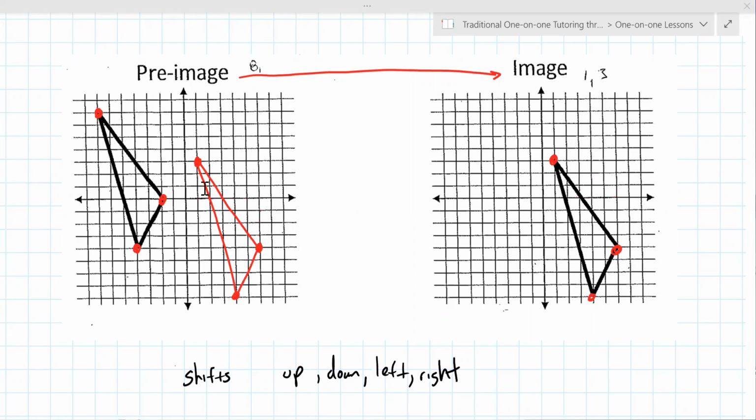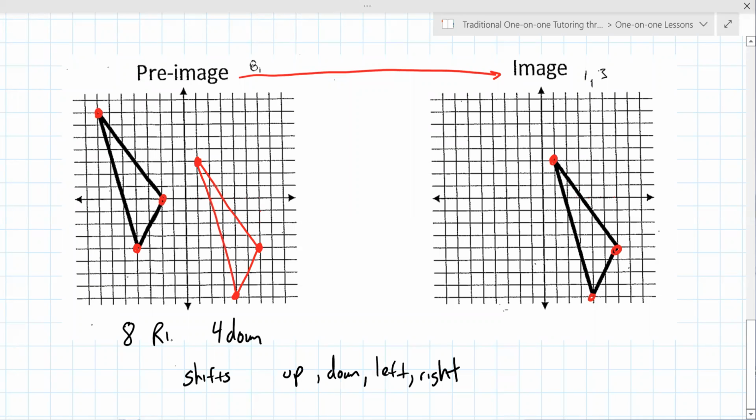It looks like, yeah, maybe hard to count here, but 1, 2, 3, yeah, 4 down for sure. And 8 right. Okay, so we'll just count here. 1, 2, 3, 4, 5, 6, 7, 8, 8 right.